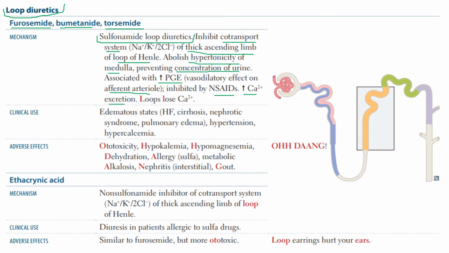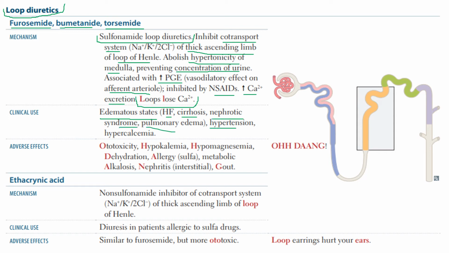You can remember it by a mnemonic: loops increase calcium. It means furosemide, bumetanide, and torsemide increase the excretion of calcium.